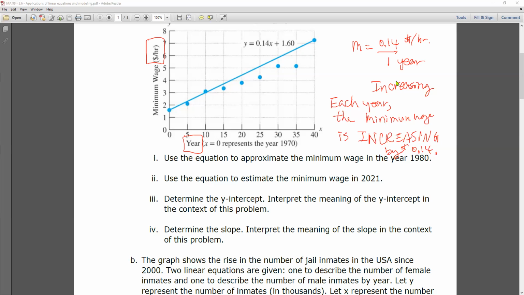That is what the slope means in this case. All right, let's go ahead and move on to the next question.